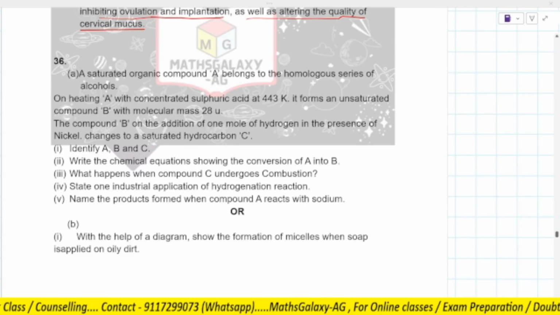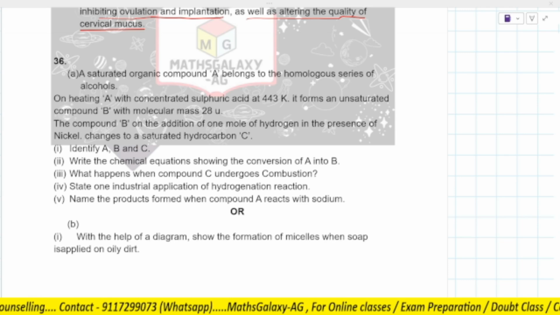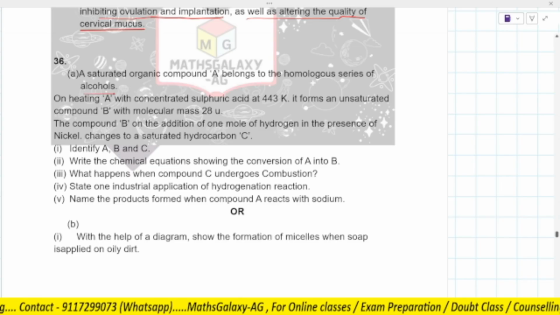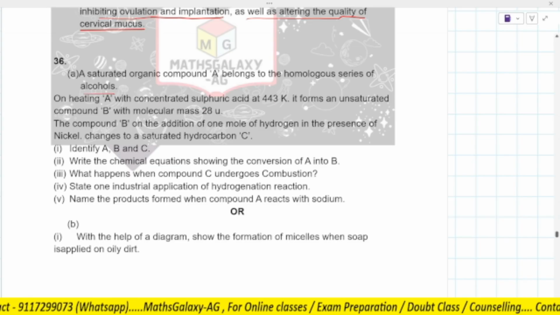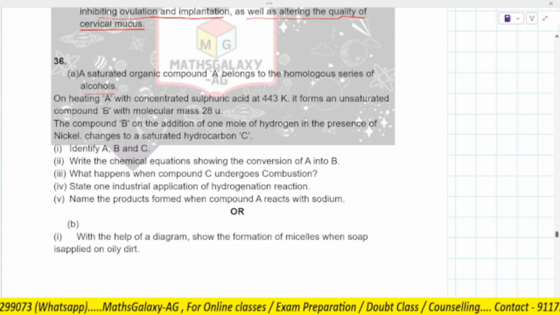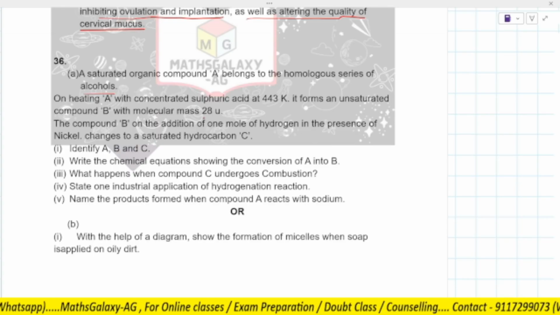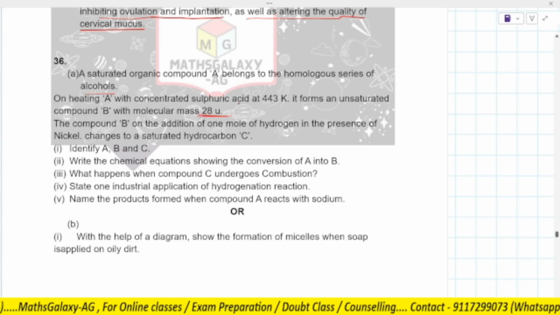A saturated organic compound A belongs to the homologous series of alcohols. On heating A with concentrated sulfuric acid at 443 Kelvin, it forms an unsaturated compound B with molecular mass 28. By the help of this molecular mass 28, you can detect the compound.